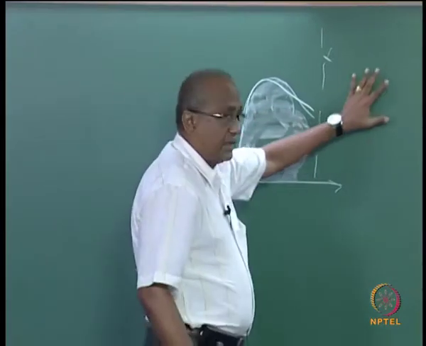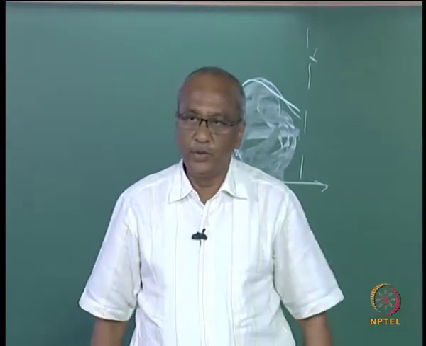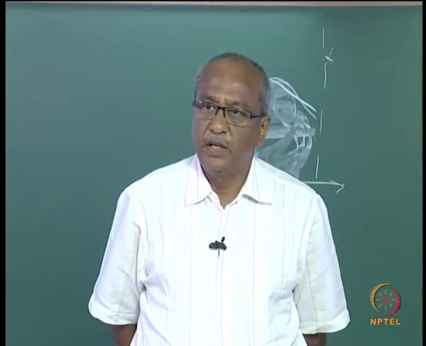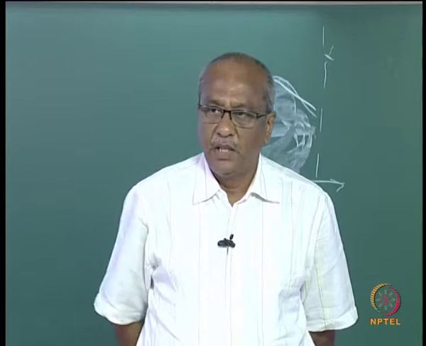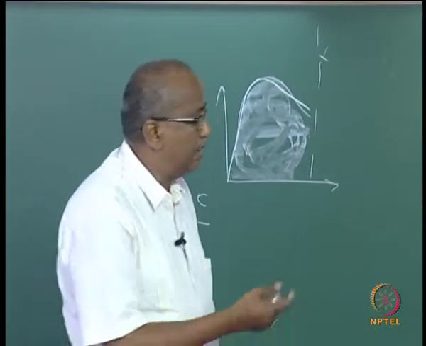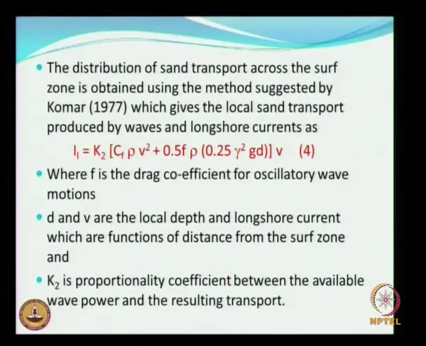Later I will show you some typical examples where we have used all these formulas for predicting the sediment transport rate along a stretch of the Indian coast, maybe Kerala or Chennai. The distribution of sediment transport across the surf zone is obtained using the methodology suggested by Komar.